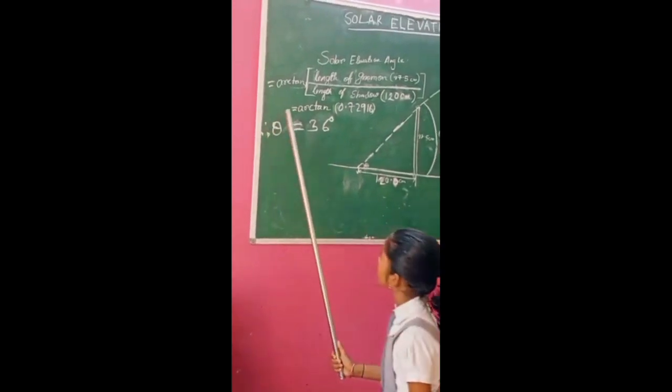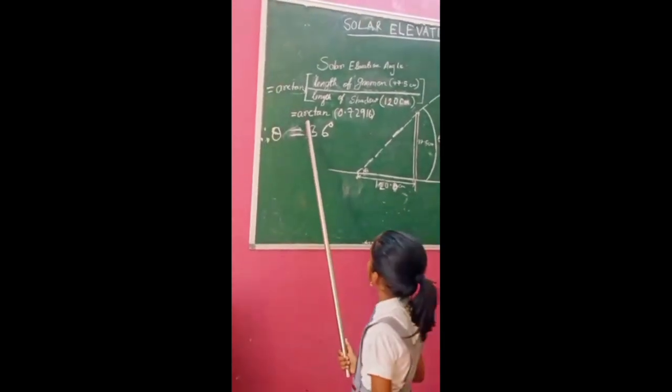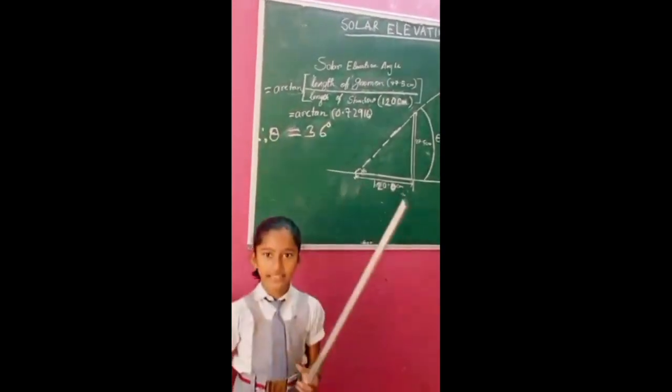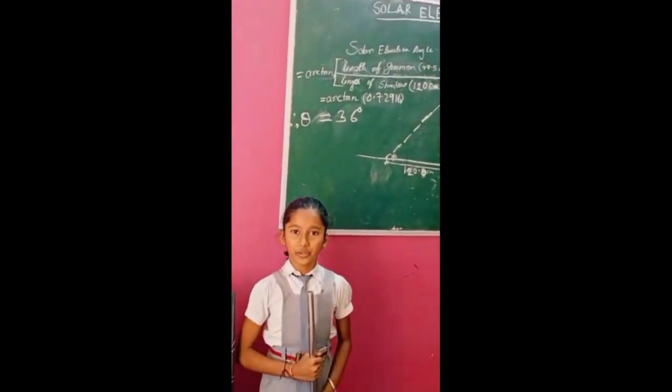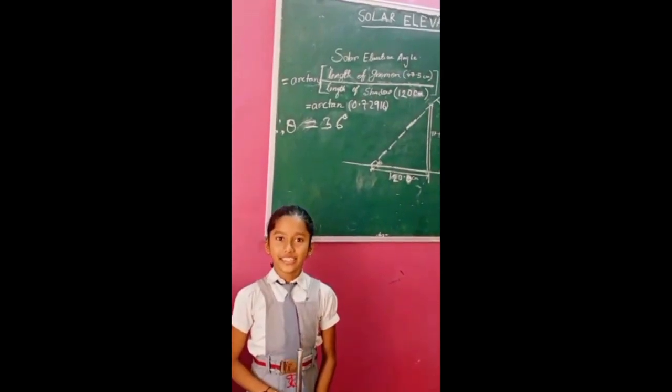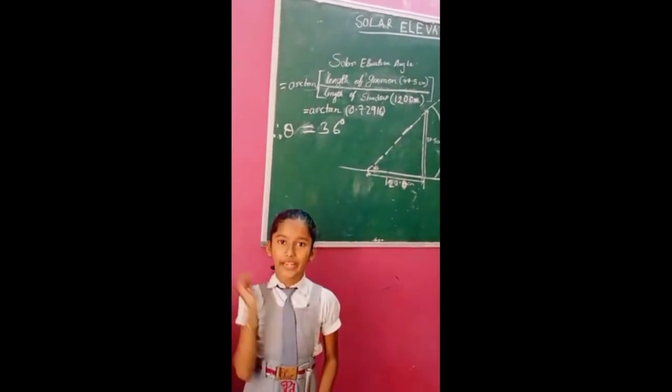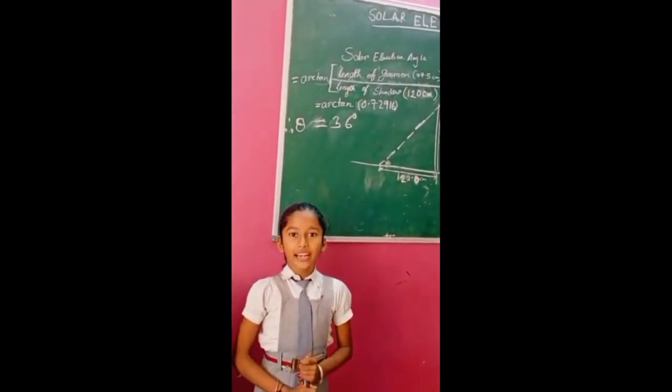Therefore, theta equals 36 degrees. Was it interesting? We also learned from this how to measure big mountains and anything.